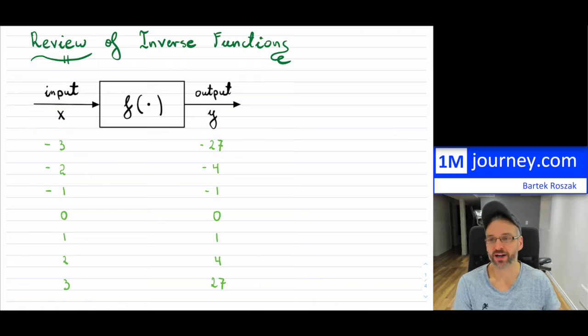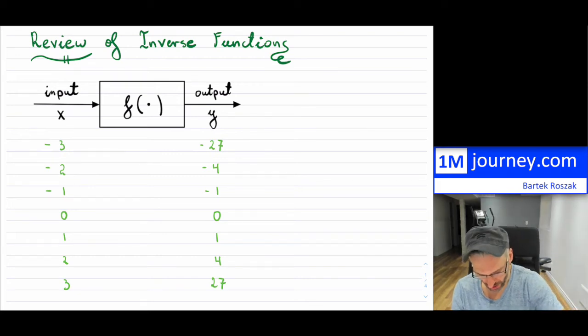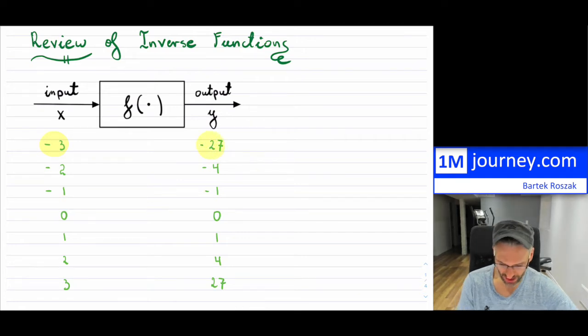The inverse works like this. I'm going to go back to the table of values concept so that you get acquainted with the inverse again. Whenever you have an input, let's say the input was -3, and I don't know what this function is, although we're going to slowly deduce it. Here's the output.